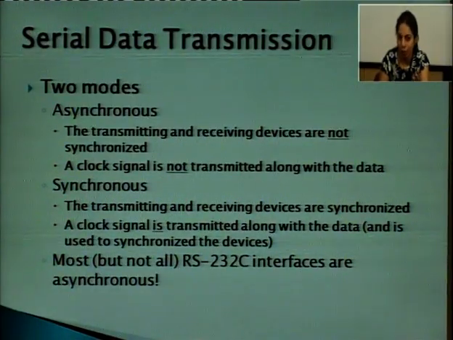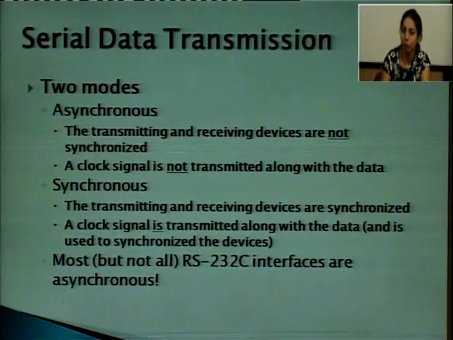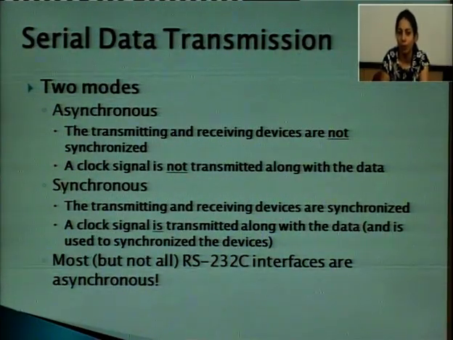In the synchronous type of data transmission, the transmitting and receiving devices both are synchronized, and a clock signal is transmitted along with the data in order to synchronize the receiving device also. But still RS-232 interfaces are mostly asynchronous kind of interfaces.